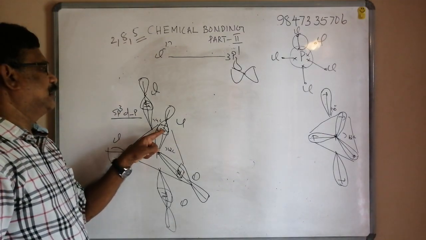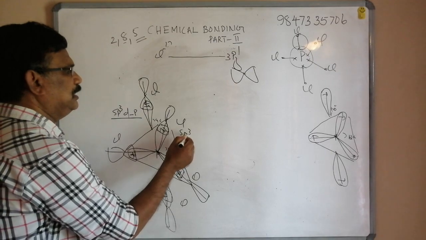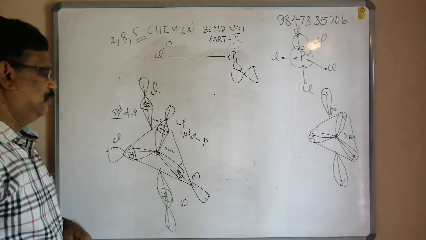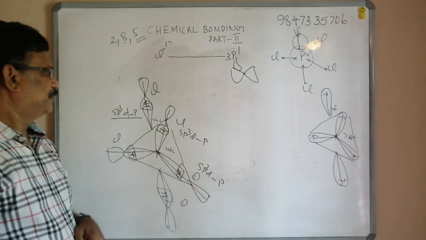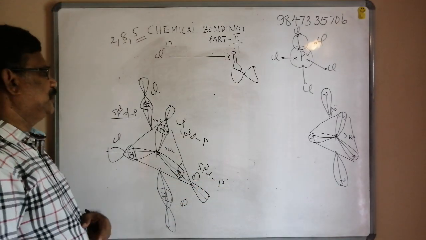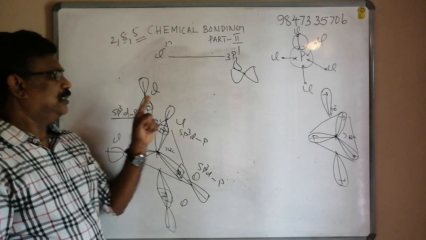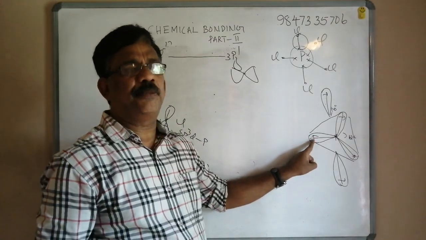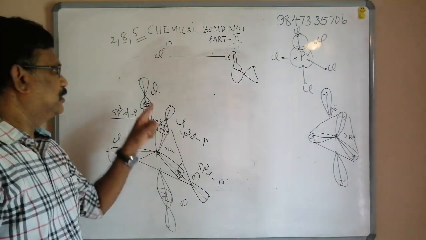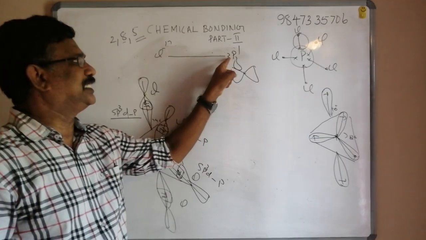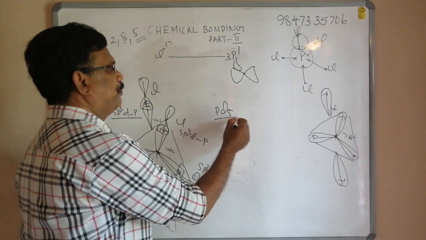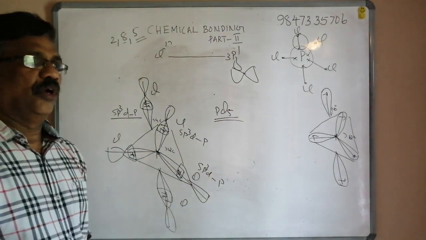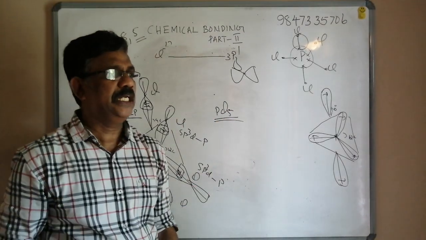This is also the same sp3d-p overlap. So PCl5 is produced. The phosphorus orbital is called an sp3d hybrid orbital, the chlorine 3p is a p orbital, and phosphorus pentachloride is formed. So the PCl5 molecule has hybridization sp3d.